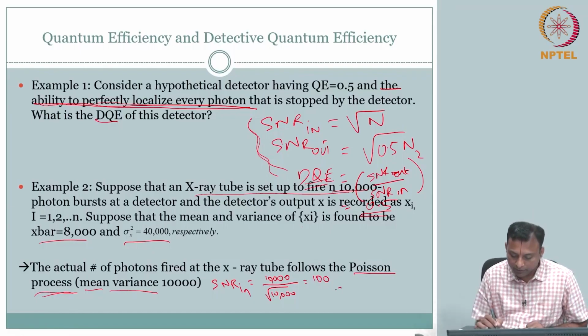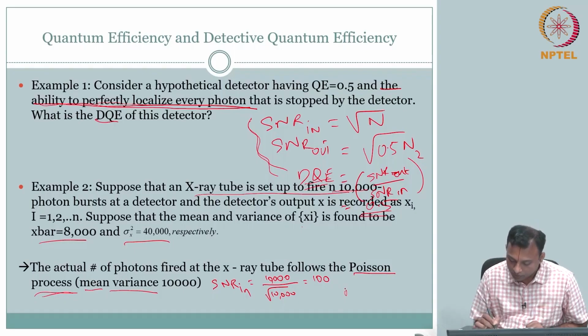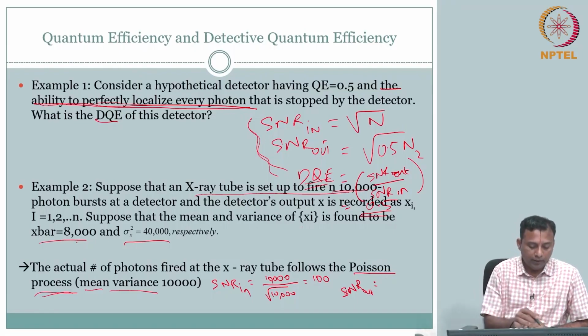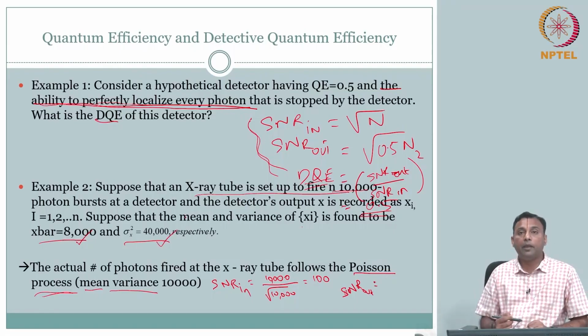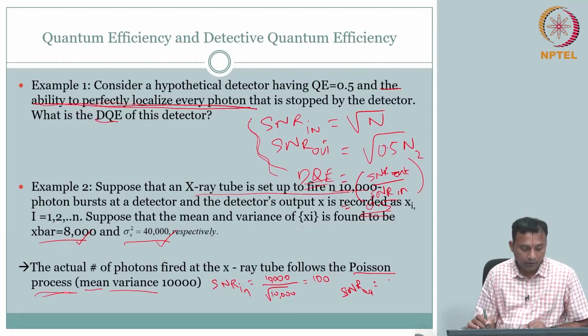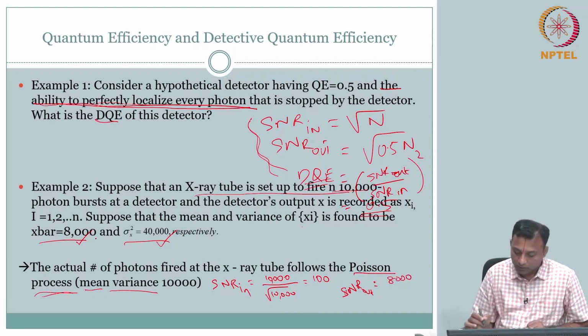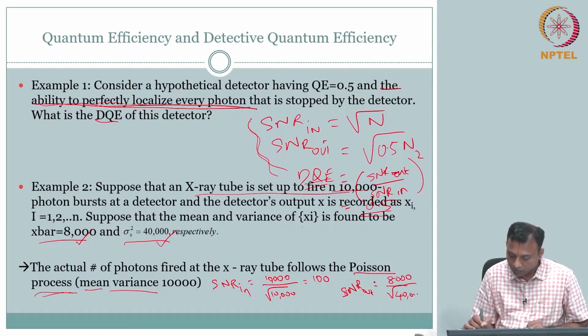What is going to be my SNR output? You are given the mean and variance, right? So you can write your output to be 8,000 divided by the square root of 40,000.